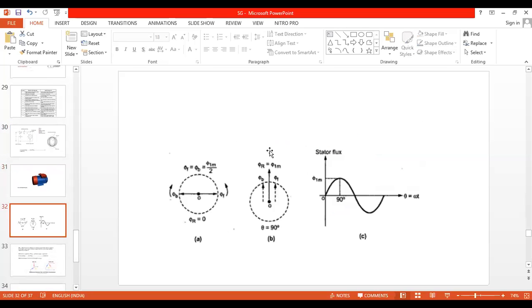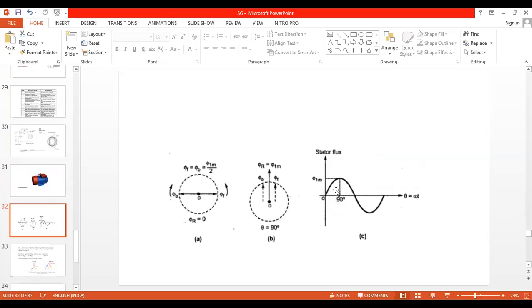They might also ask you to explain double field revolving theory, which is exactly about the single phase induction motor. There is a one line assumption. In double field revolving theory, an alternating magnetic field is assumed to be the combination of two rotating magnetic fields moving in opposite directions.